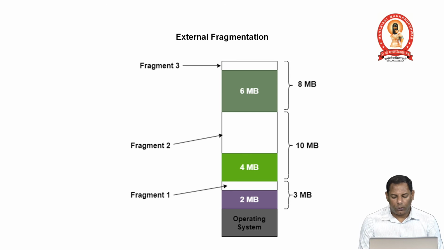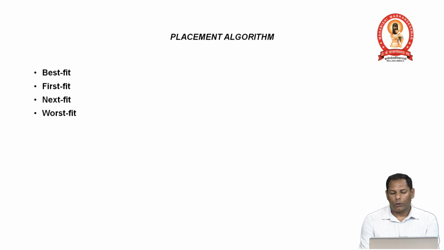Suppose we want to allocate memory to a process of size 8 MB, and as in the diagram we can see that there is enough space, that is 9 MB of free space, and still we can't give this space to our process. 6 MB is one part, 1 MB is another part, and 2 MB is another part. So we have 3 parts available. If these were continuous, then we would allocate, but due to the restriction of continuous memory allocation, we can't allocate this space to the process. So this is known as external fragmentation.